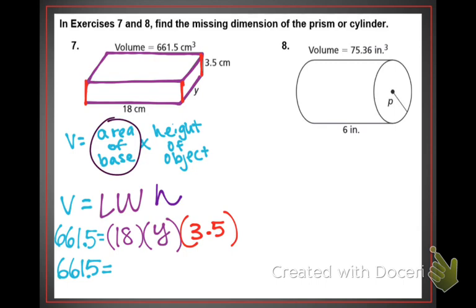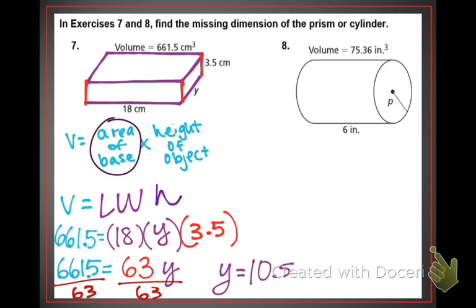What is 18 times 3.5? 63, and then y. What do we do to finish the problem? Divide by 63. So what do we get? Final answer. 10.5, and it'll be centimeters.